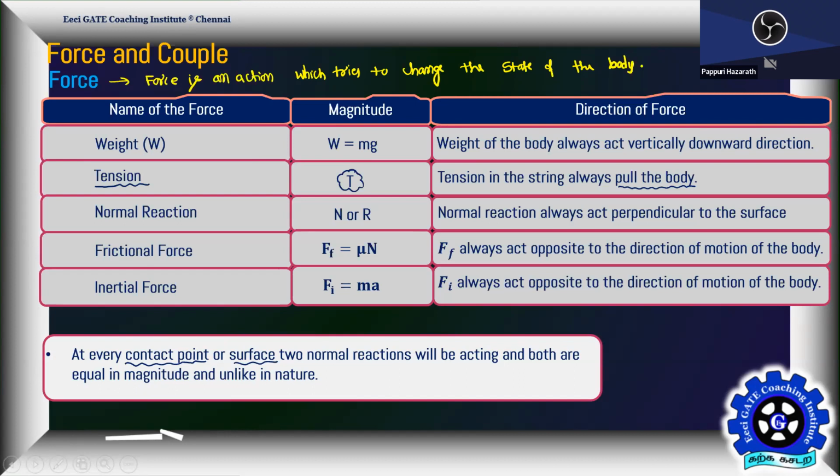Tension in the string always pulls the body. Normal reaction at a contact surface or contact point always acts perpendicular to the surface. Inertia force and frictional force both act opposite to the direction of motion of the body. Understood the statements?